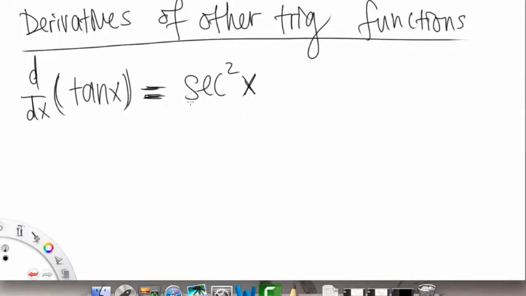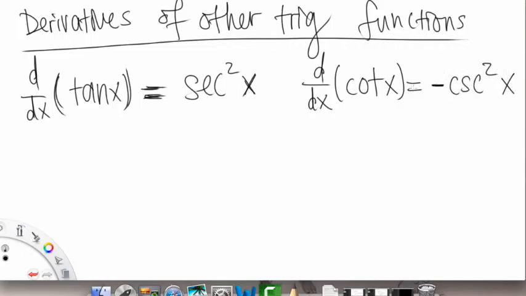So this is the derivative of tangent, that's going to be secant squared x, and the next one, I'll just list it here, so d/dx of cotangent x, and cotangent is cosine x over sine x, okay? So this is going to be a negative cosecant squared x, okay?